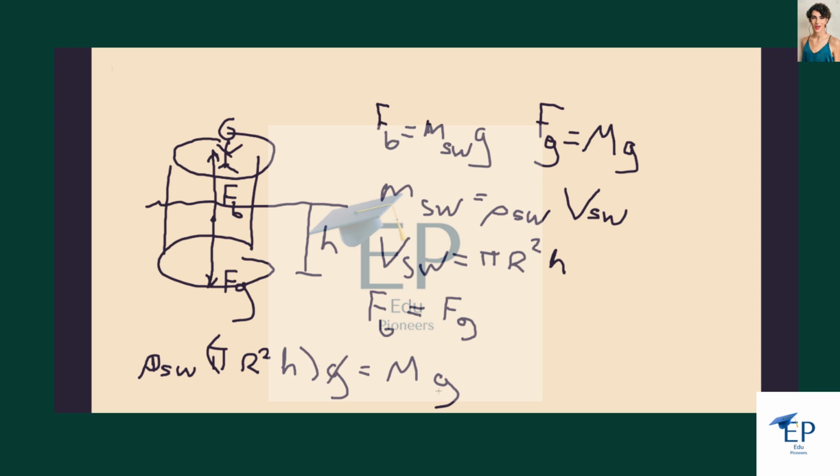And here we see that g just cancels out, as often happens, and we're left with an equation for h, the height that the cylinder sinks in, of capital M, the mass of the buoy, divided by the density of seawater times pi r squared.